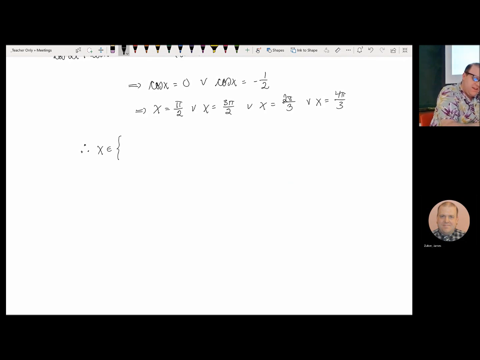Solution set would be π/2, 2π/3, 4π/3, 3π/2.